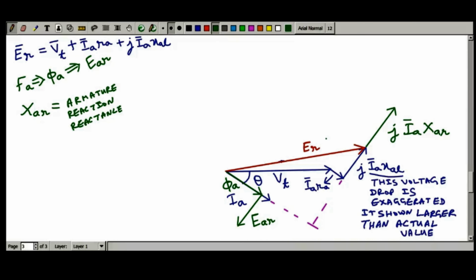Let me write it once more: air gap voltage ER equals EF plus EAR. If you go backwards, this is due to the resultant air gap flux, this is due to the field flux phi F, and this is due to the armature flux phi A. So if you go by that, we can find out what will be your EF. Let me indicate this EF.